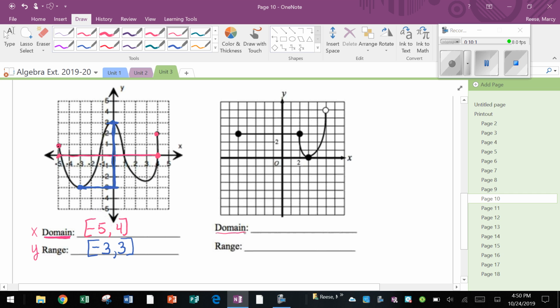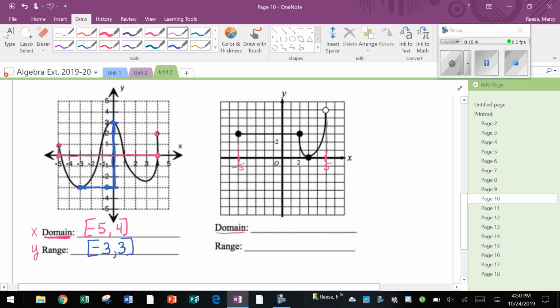Domain, pink, remember. The farthest left it goes is right here, which is -1, 2, 3, 4, 5. It's -5. And then it goes, and it stops right here. This is the farthest right value it goes to, which is 2, 3, 4, 5.